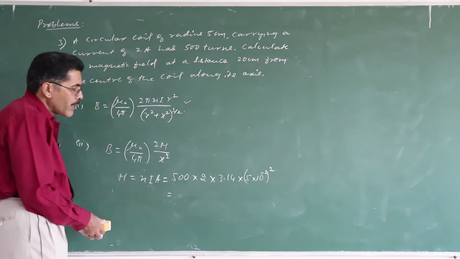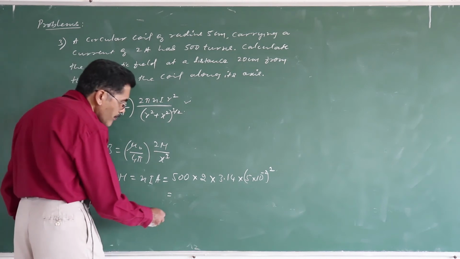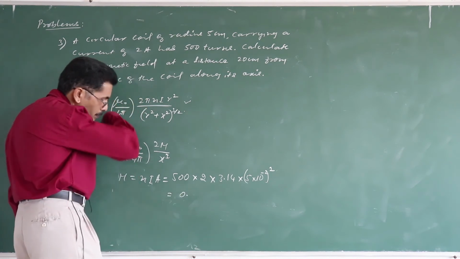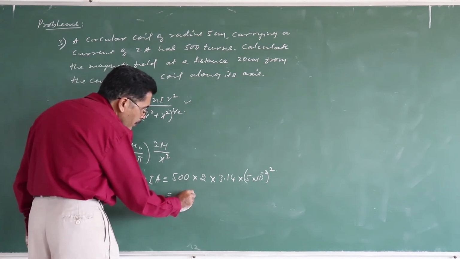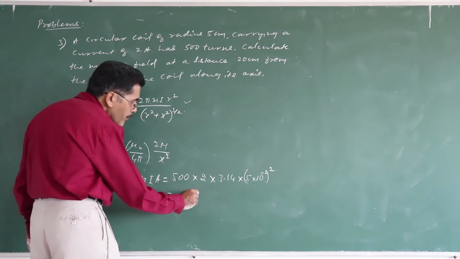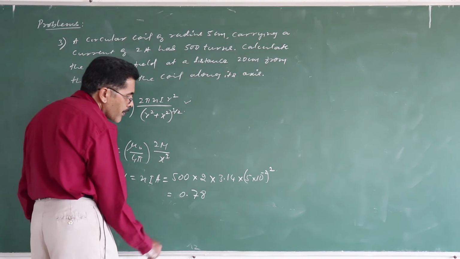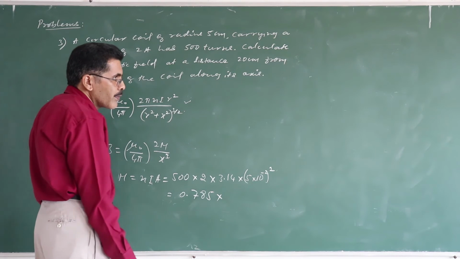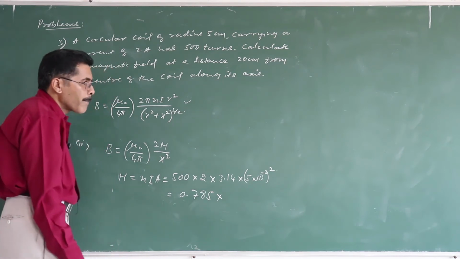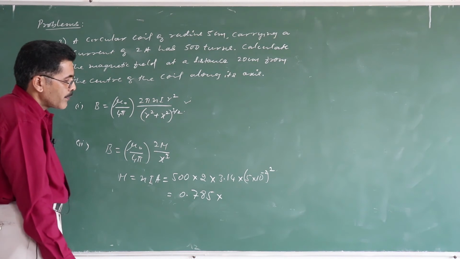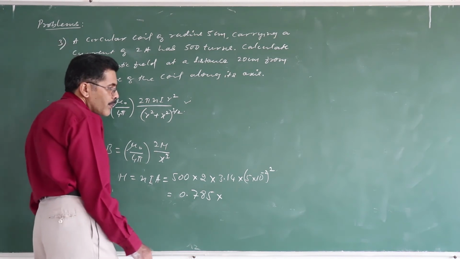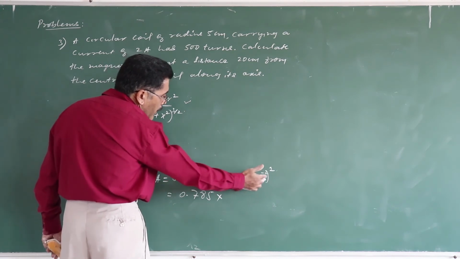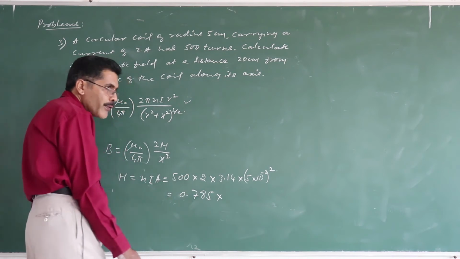See, this gives you 10 raised to minus 4. There is 10 raised to 3, 2.5.